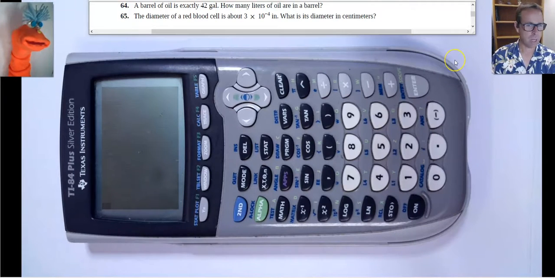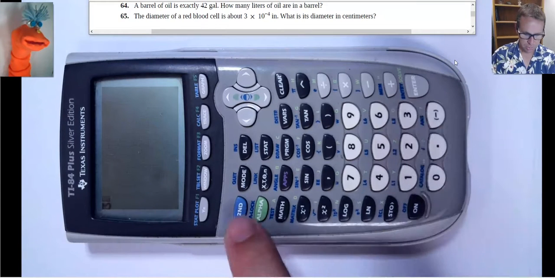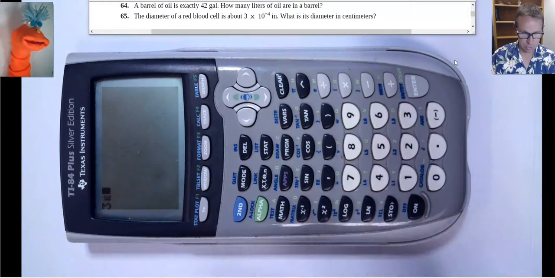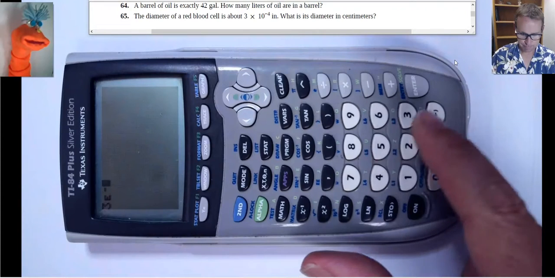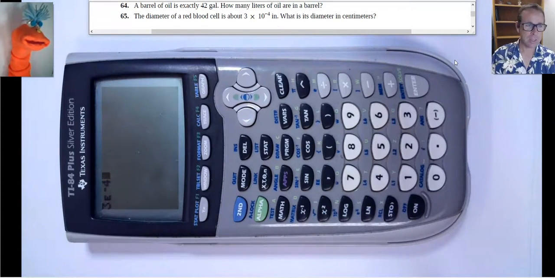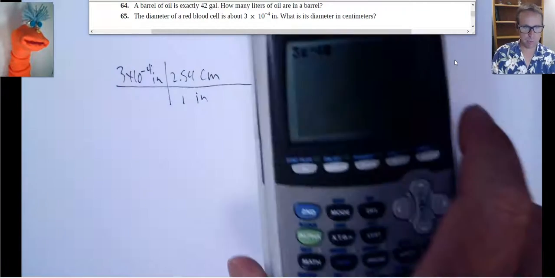All right, we write 3 times 10 to the minus 4. All right, and now what do I have to do? I have to multiply that by 2.54.